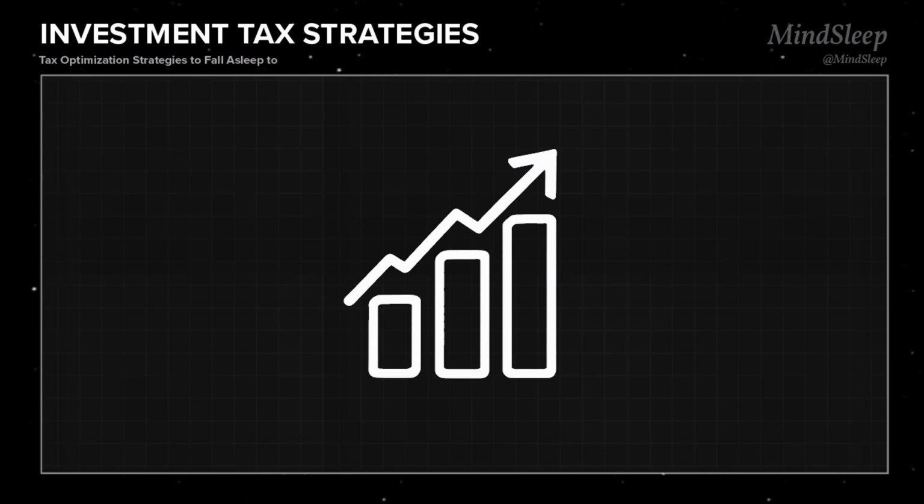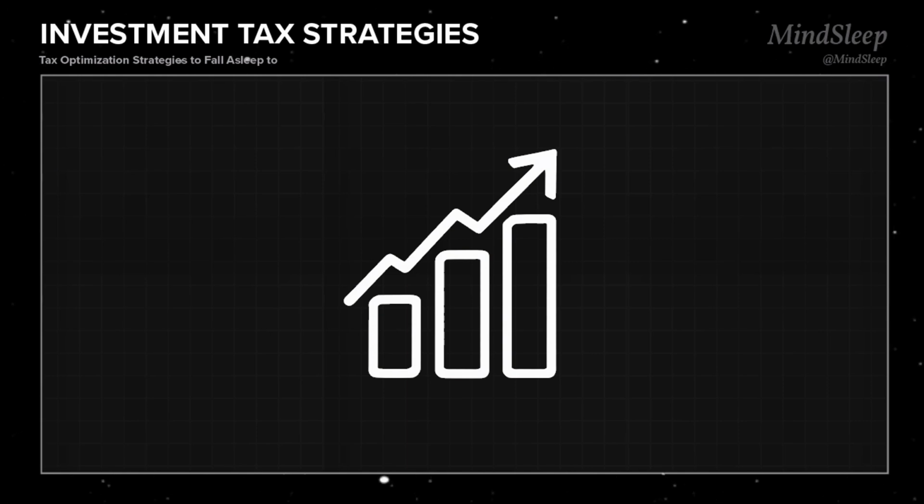For instance, high-yield bonds, which generate significant taxable income, might be better suited for tax-advantaged accounts like IRAs or 401(k)s. Meanwhile, growth stocks that you plan to hold for the long term could be more appropriate for taxable accounts, where they can benefit from long-term capital gains rates and the potential for tax loss harvesting.